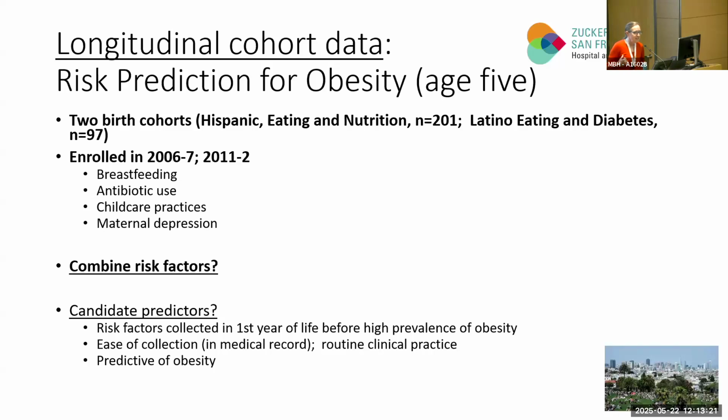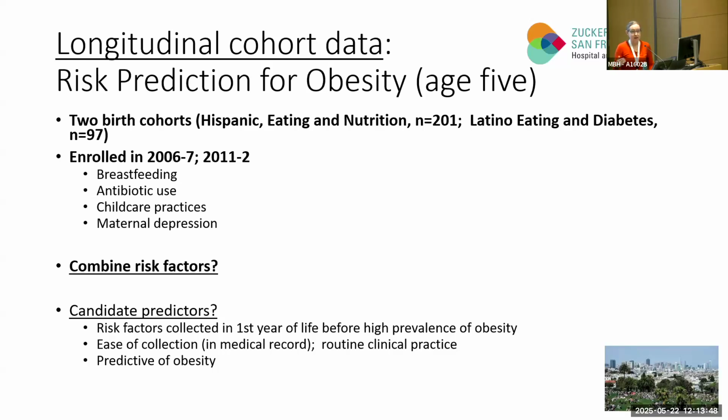So I looked at breastfeeding, antibiotic use, childcare practices, maternal depression, other exposures in pregnancy. And then really it was Jake Robson who was like, let's actually combine some of these risk factors and see what are the most predictive and what kind of algorithm could we potentially use for childhood obesity at age 5.